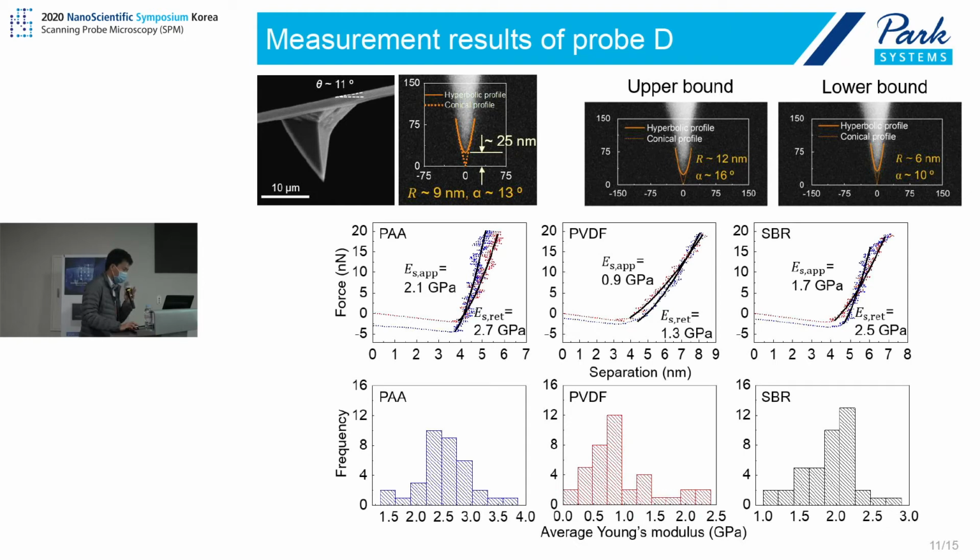You can see a distance of around 25 nanometers between the actual tip and the conical profile. This means that if you want to model this tip as a cone, you should have much larger deformation than 25 nanometers. However, the deformation of the sample in this case is smaller than 10 nanometers. So the hyperbolic adhesive model was used to get the Young's modulus of the sample.